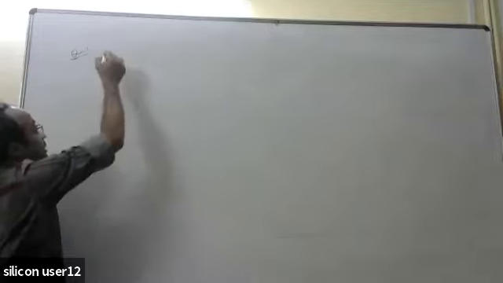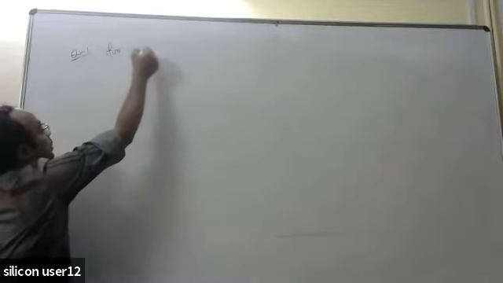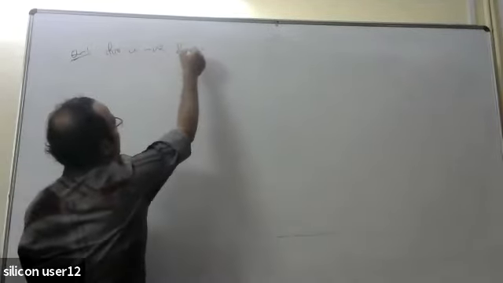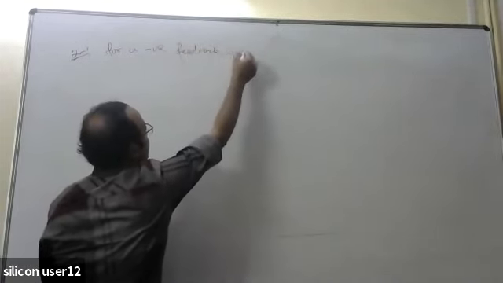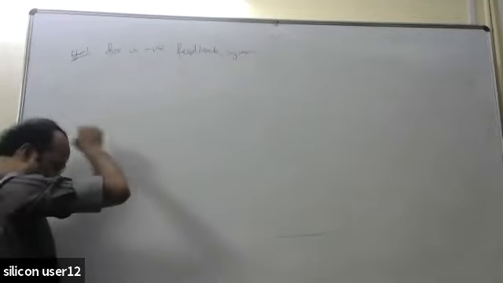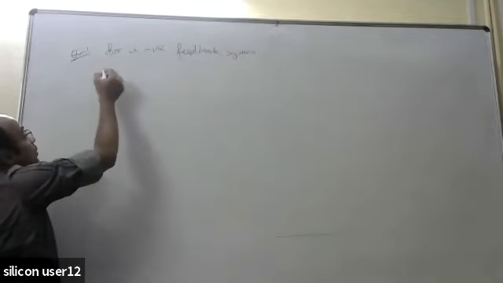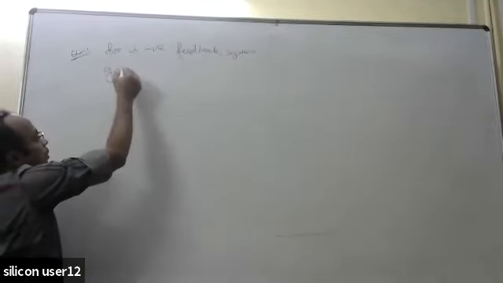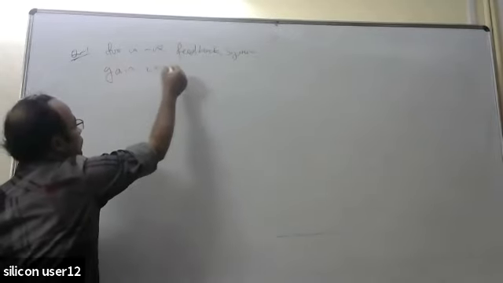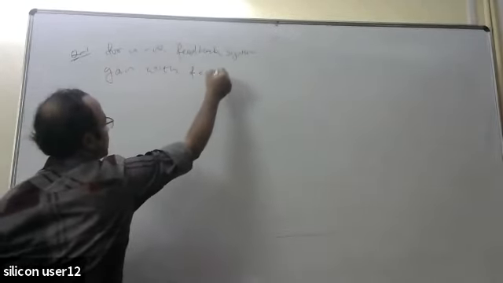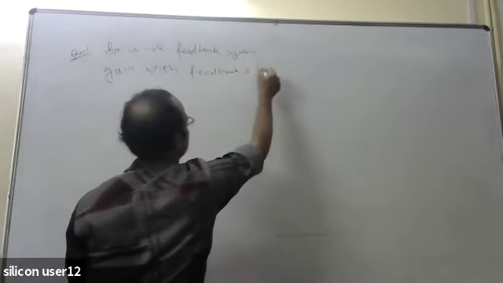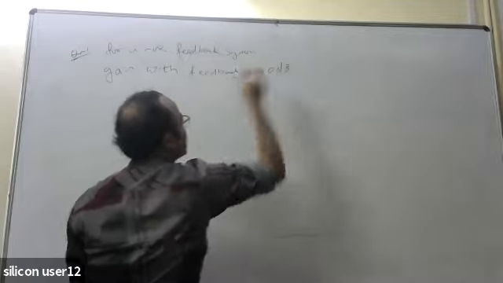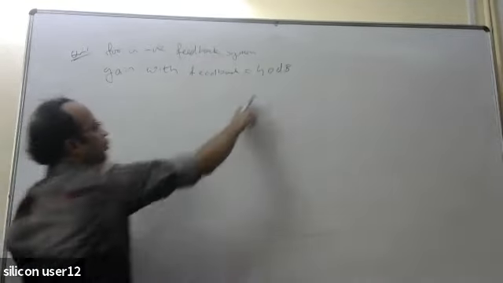For a negative feedback system, the gain with feedback is equal to 40 dB, and the gain without feedback is equal to 60 dB.